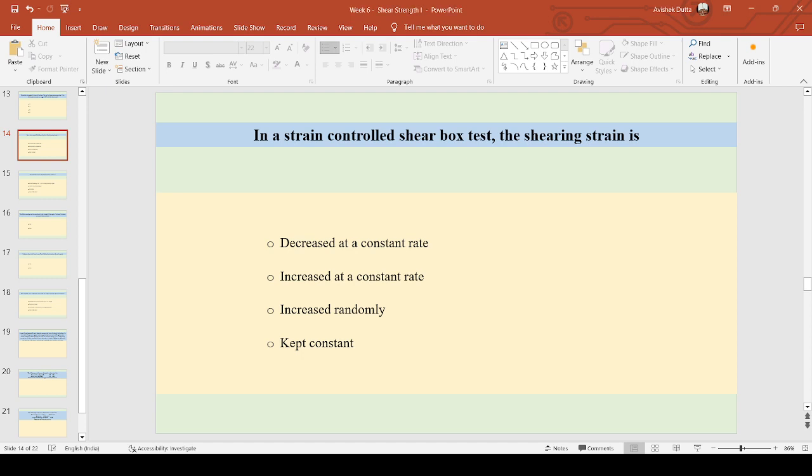This is a part of the direct shear test, shear box test, where you have to find out the nature of change of shearing strain when the shear box test is strain controlled.